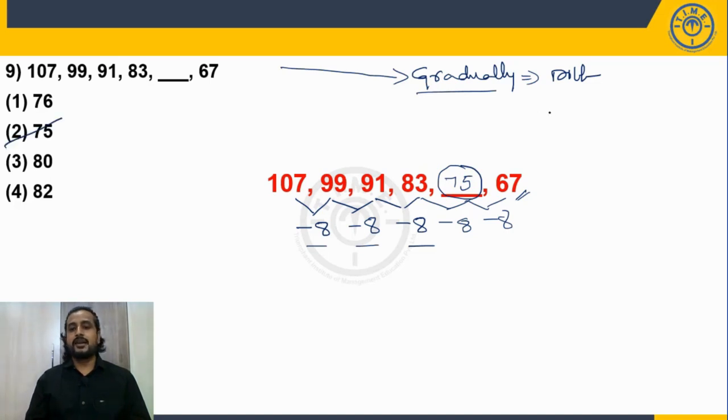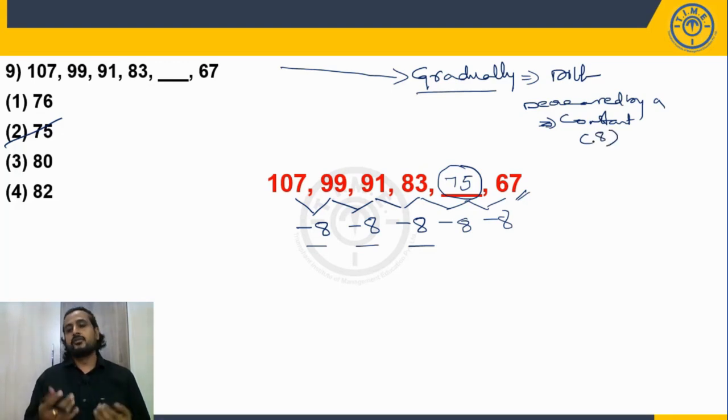Choice 2. So here it is decreased by a constant number. What is that constant here? 8. Okay. It can be anything. It can be 10, it can be 12, it can be 13. They may give any number. Decreased by some constant. So choice 2.